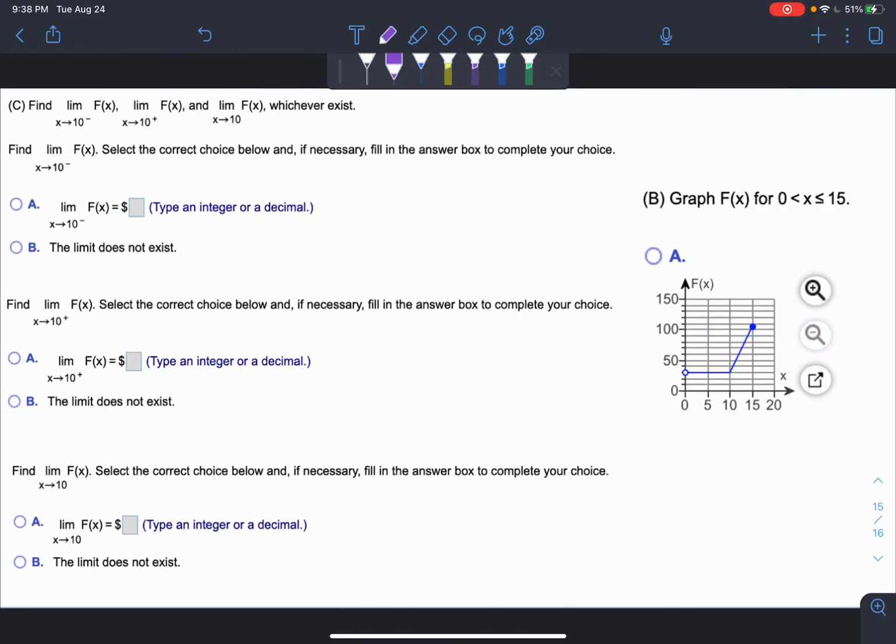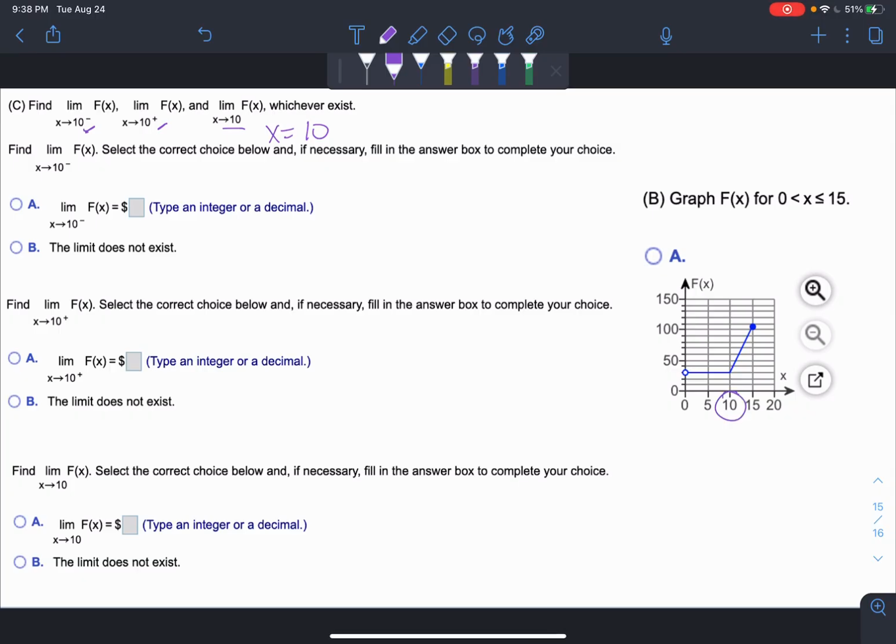Okay, so now we're just going to do some limits like we did way back when, based off a graph, because I put this graph here from B for reference. Here we are interested in x equals 10. We have the left-sided limit, the right-sided limit, and the overall limit. So x equals 10 is right around here.